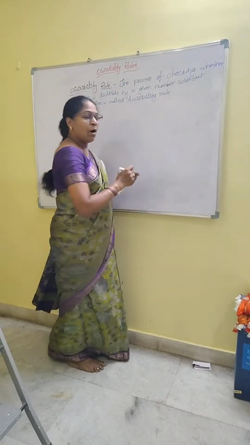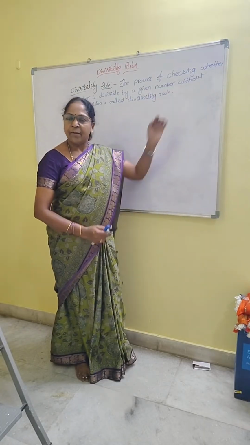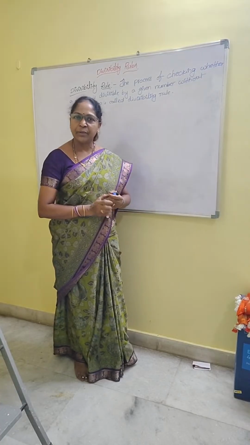So the divisibility rule is the process of checking whether a number is divisible by another given number without doing division.